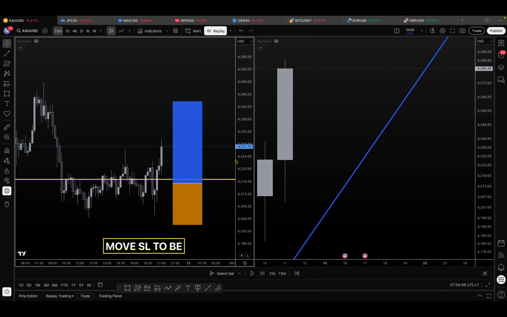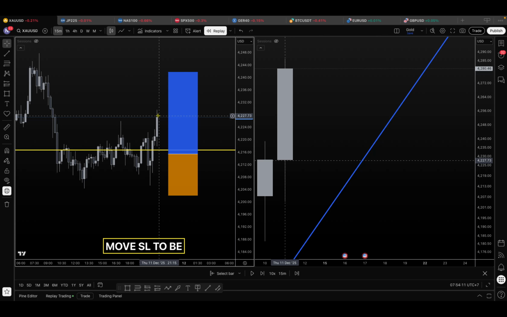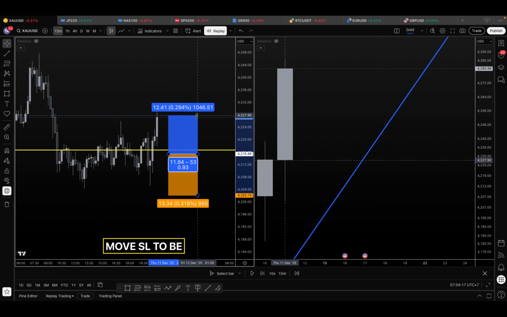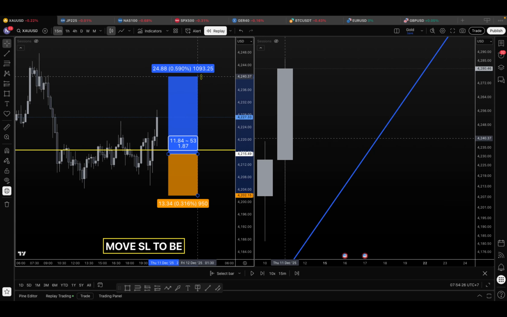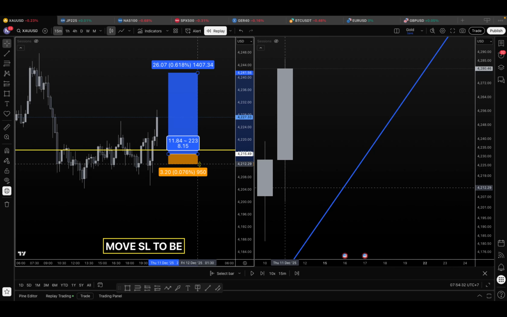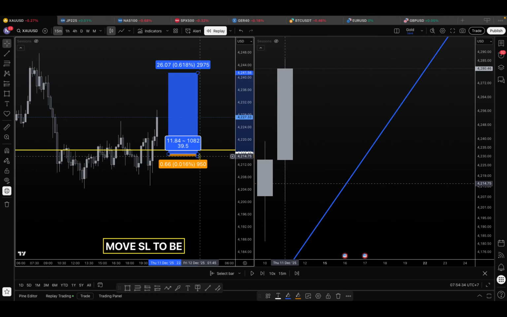Right here at this point in time, the price reached a 1 to 1 risk-reward ratio, and I decided to move the stop loss to break even at this point.